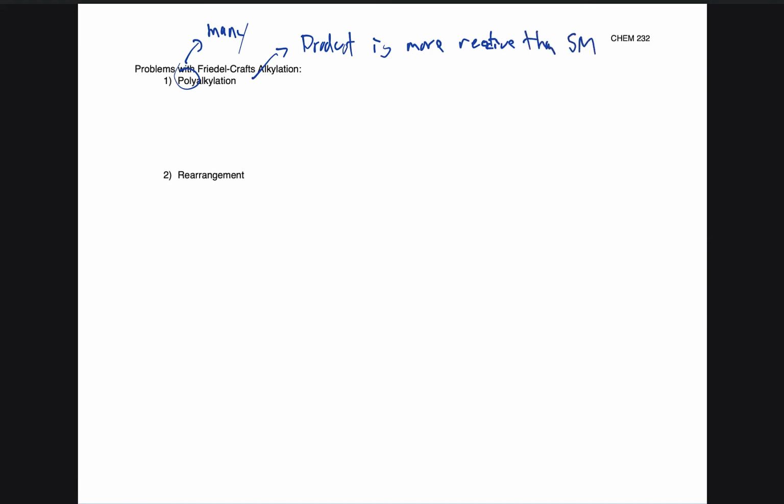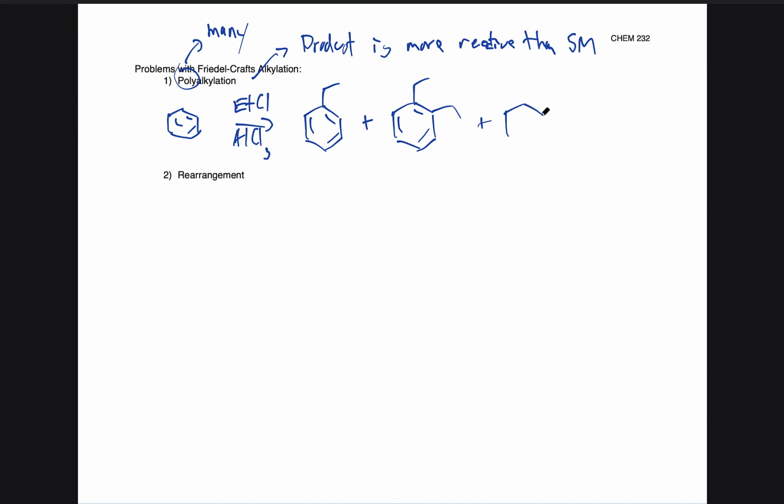For example, in the last reaction we had benzene, and we're adding on some sort of alkyl group. I'll make it different, just because: we have ethyl chloride. The intended product for this reaction is one ethyl group being added. However, we actually get a mixture of products where multiple alkyl groups add. Essentially we get to this, and then that reacts even further with our conditions.